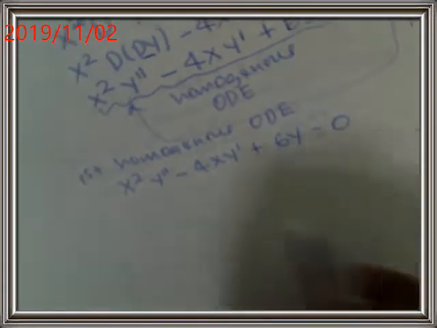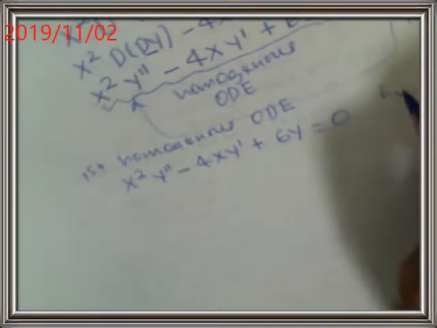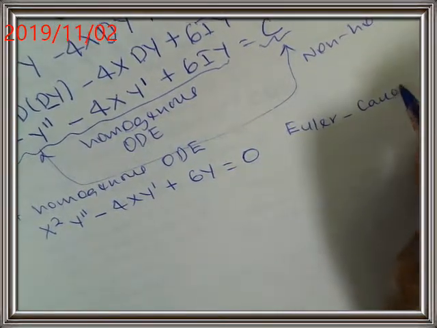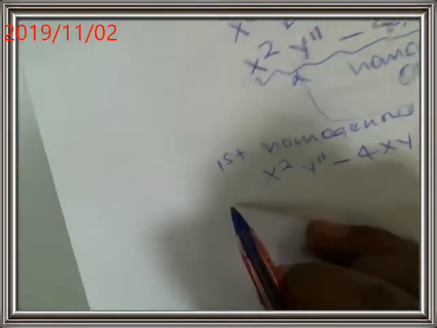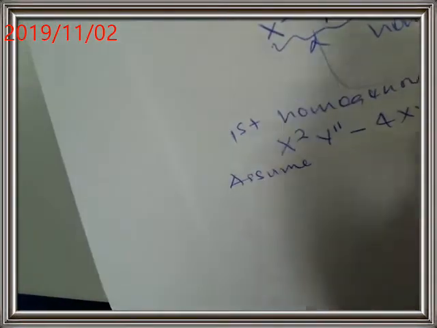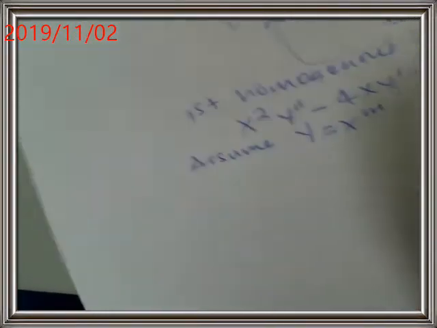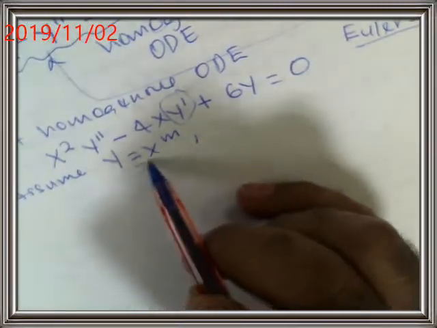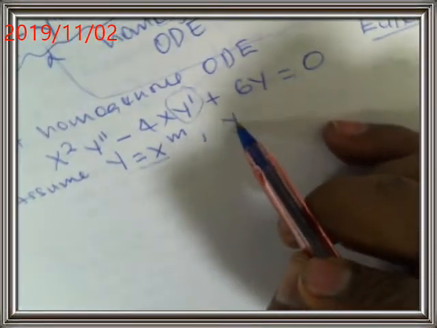Okay, so to solve this, we apply the Euler-Cauchy principle. Okay, so assume y is equal to x to the power of m. Then take its first derivative of the y function, which is x to the power of m.